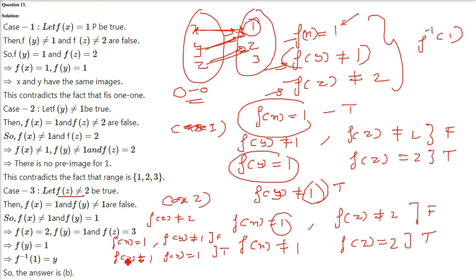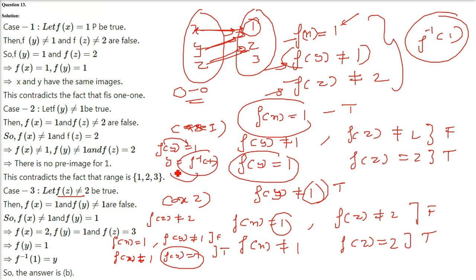Why am I taking this? Because this will give you our answer. f(y) equals 1, so y is equal to f inverse 1. We had to find f inverse 1 and we have got it. So the answer is B: f inverse 1 is y.